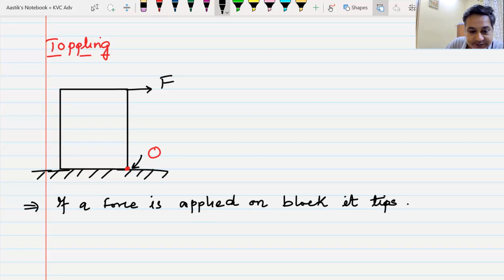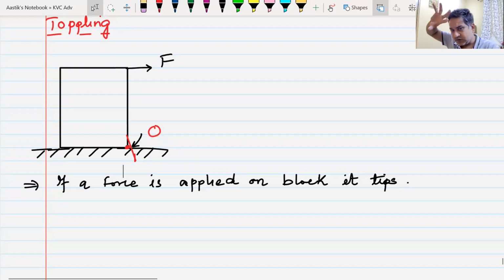Do we understand this? It will start to rotate about this point. Same way as your sphere was rotating about the point of contact, this also starts to rotate about the point of contact and it falls. This is known as toppling.